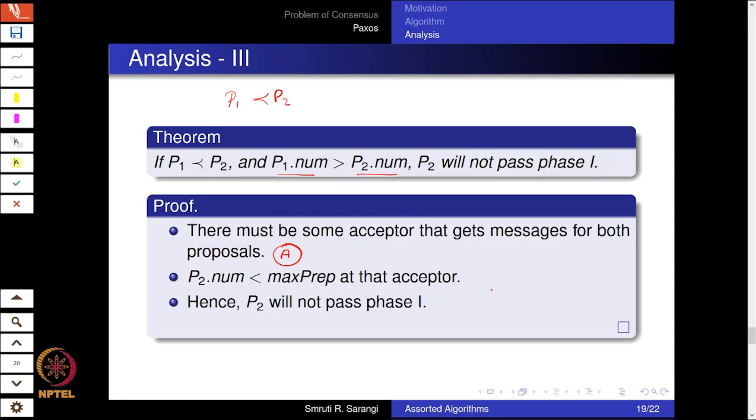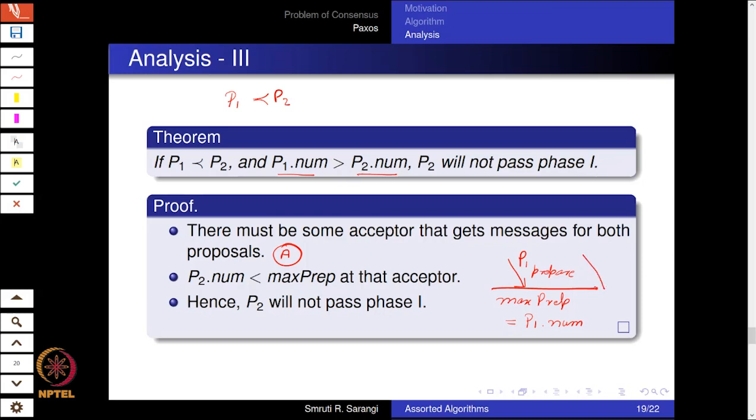So that acceptor, what will happen? Since P1 precedes P2, P1's prepare message comes first. Max prep is equal to P1.num.